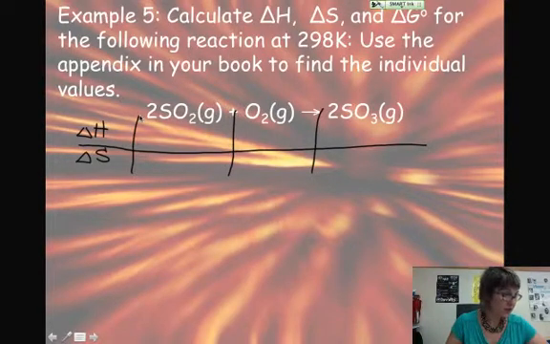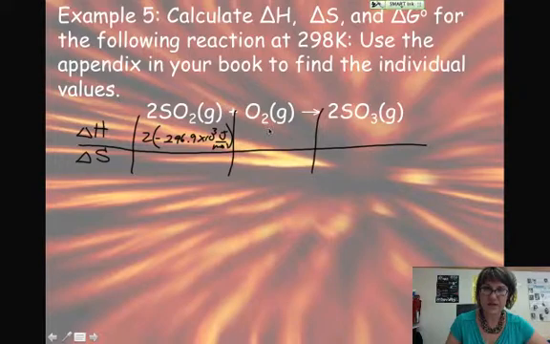For delta H, I have negative 296.9 kilojoules per mole. Let's put this in joules right away, shall we? Negative 296.9 times 10 to the third joules per mole. And I have 2 of them, so we'll multiply that by 2.